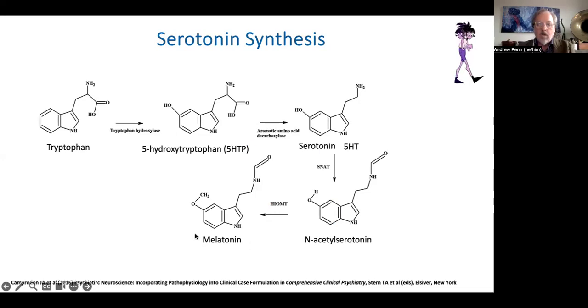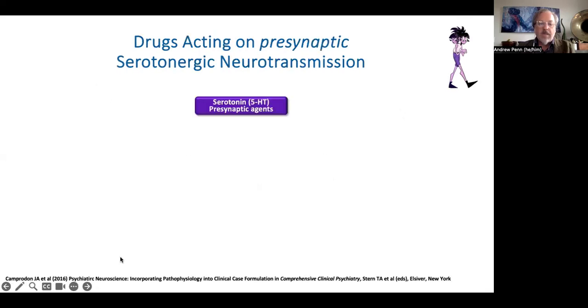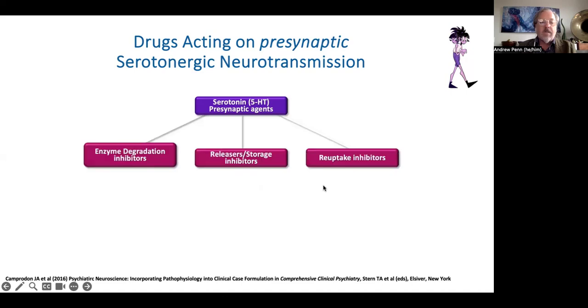Okay, so moving on here to the different ways that drugs will affect serotonin. We have a bunch of different options for manipulating how serotonin acts in the central nervous system. So let's take a look at these in turn. So we have things that break down serotonin, MAO, and we can inhibit those.